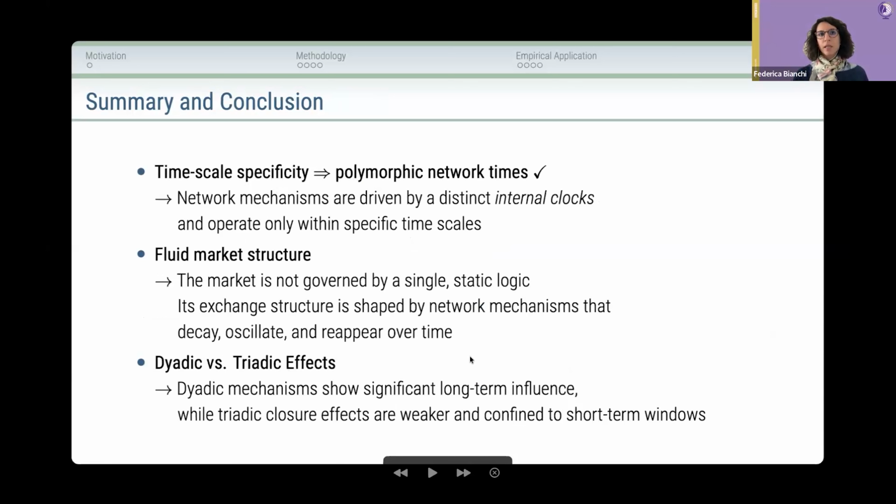We also confirmed something we already know, that the market structure is evolving over time, and it's not dominated by a single static logic, and evidence for that is that these network mechanisms have different functional forms. And then we also notice something that is context specific and somehow counterintuitive, at least with respect to the literature on network mechanisms: the dyadic network mechanisms typically work on longer temporal horizons than their corresponding triadic network effects.